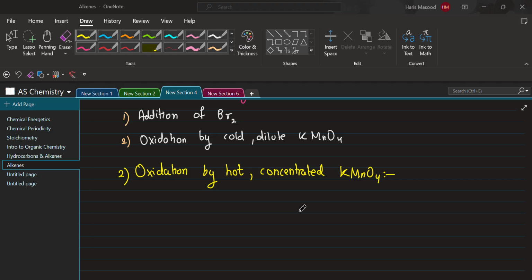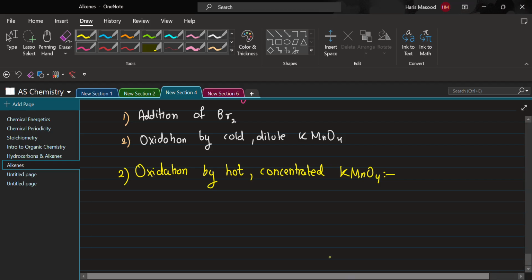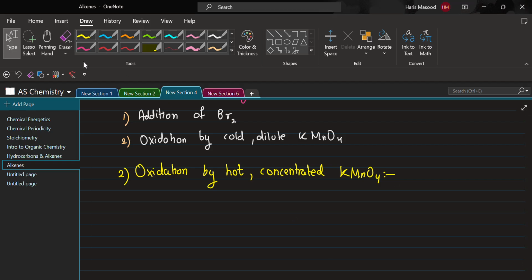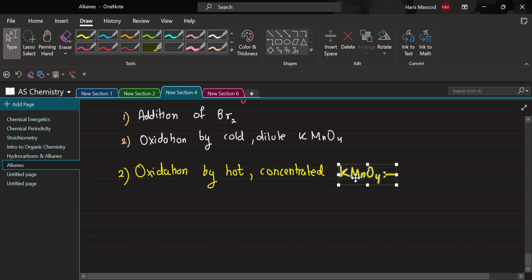We should also write here acidified KMnO4. I'm also acidifying the KMnO4. Why we are doing that, we'll look into that. So you are using very powerful conditions here.